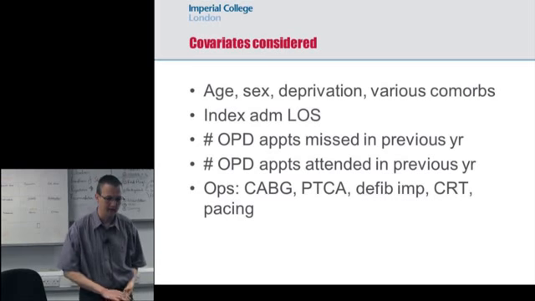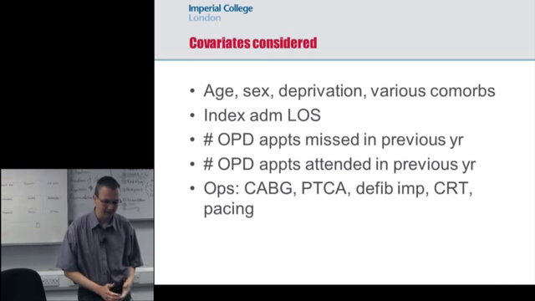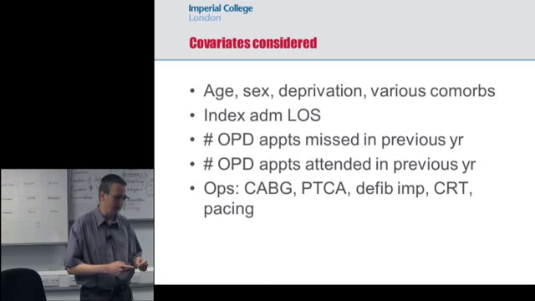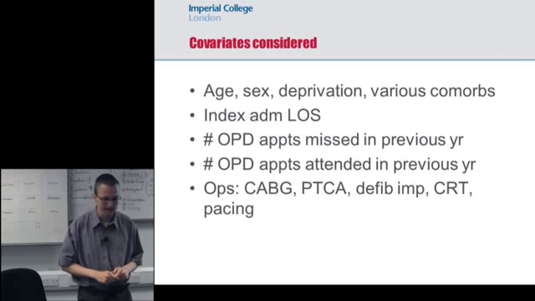We looked at these covariates: age, sex, deprivation, a range of comorbidities as suggested by the literature. The length of stay of the index admission. Lots of people wonder about the so-called revolving door: does short length of stay lead to higher readmissions?